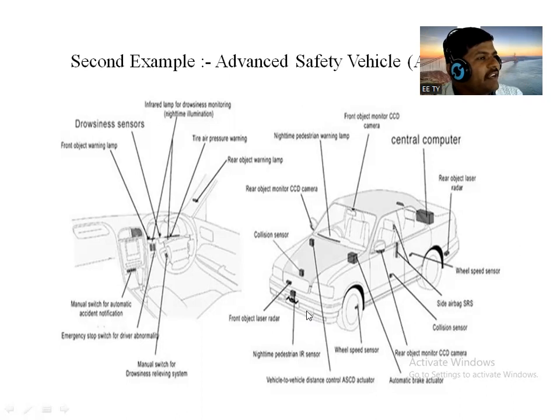It is a combination of all types of sensors: infrared sensor, ultrasonic sensor, temperature sensor, or it may be a distance sensor. So multiple sensors can be used in that advanced safety vehicle, a complex large controlling system.